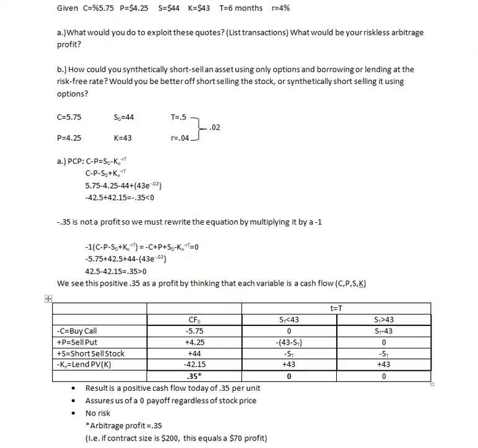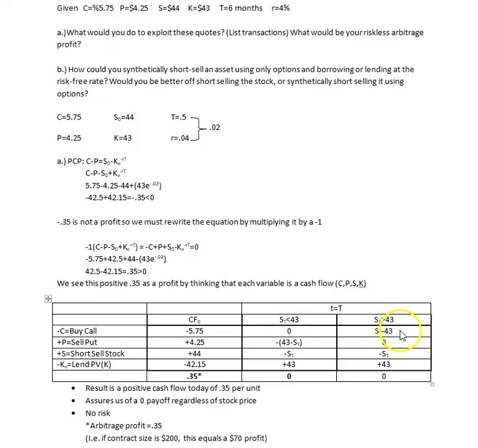Now, what makes this an arbitrage profit is that time equals the expiration date, which are these two columns. So the first one we have, the stock price is less than the strike price of 43, and in this column we have the stock price greater than the strike price of 43. Well, when we're buying the call, we are not going to exercise, so here is the 0.